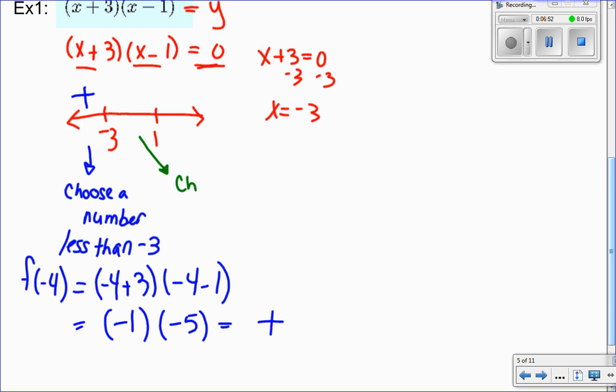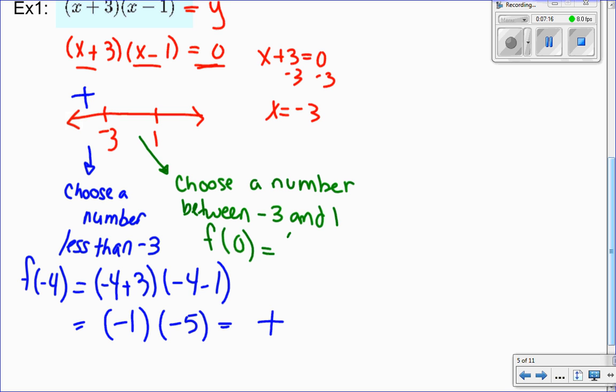So we can choose a number between negative 3 and 1. 0 is a great number to deal with, so we can try to find f of 0.